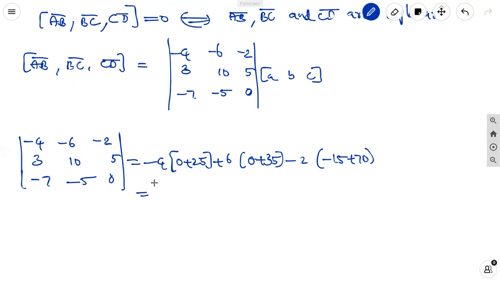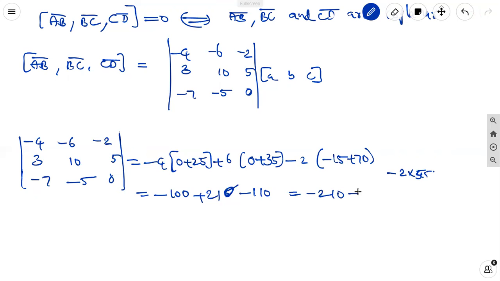It is equal to minus 100, plus 210, minus 2 into 55, which is minus 110.